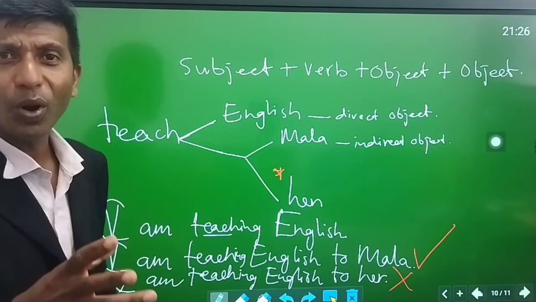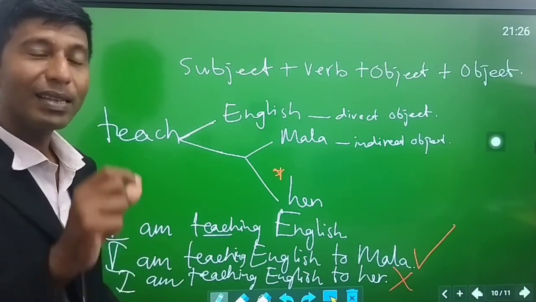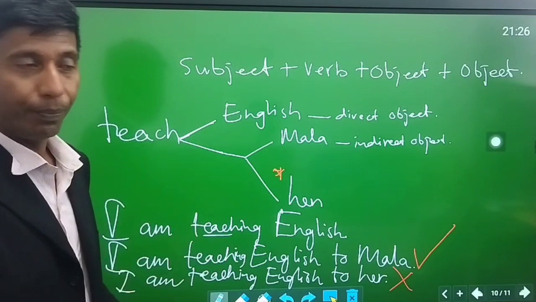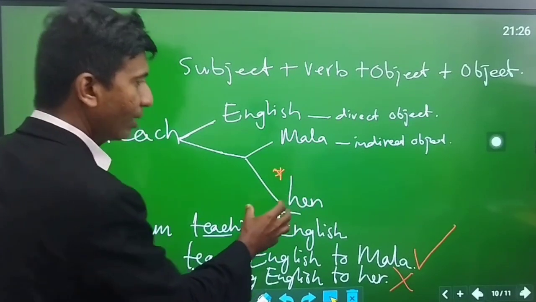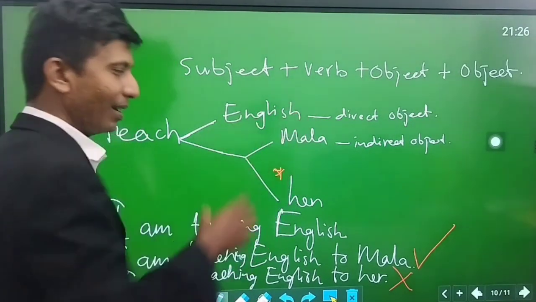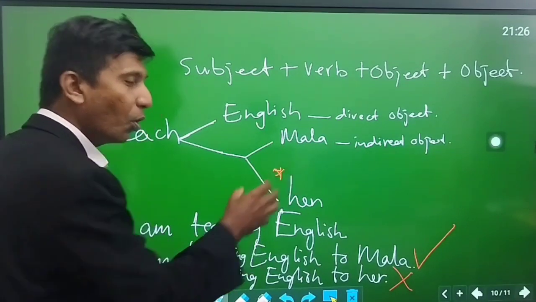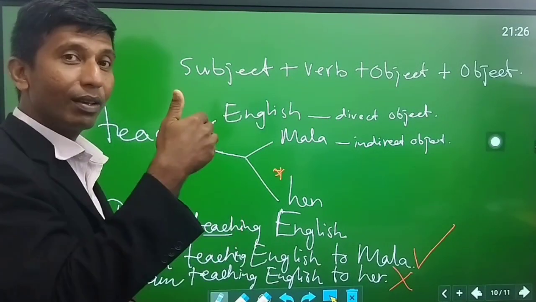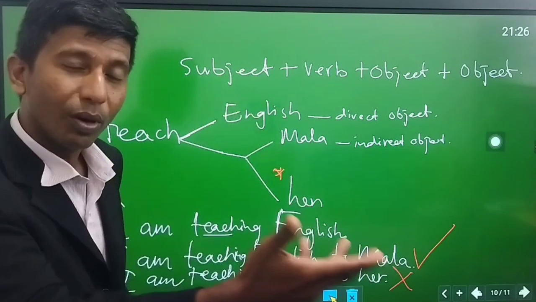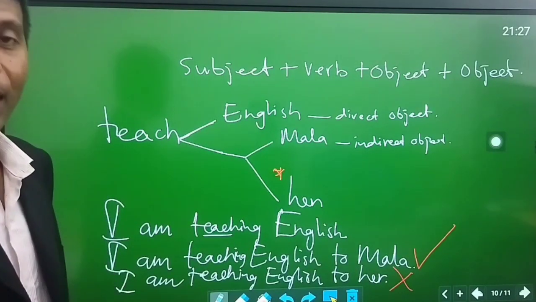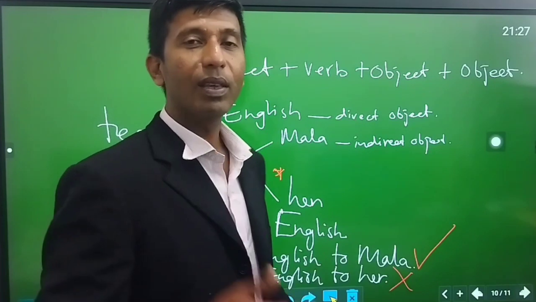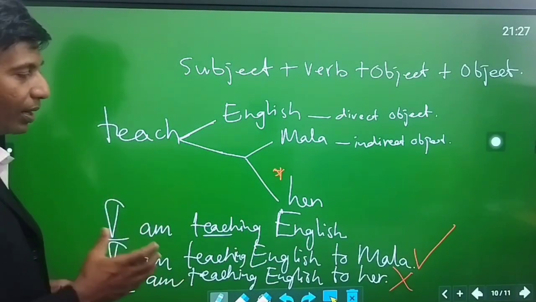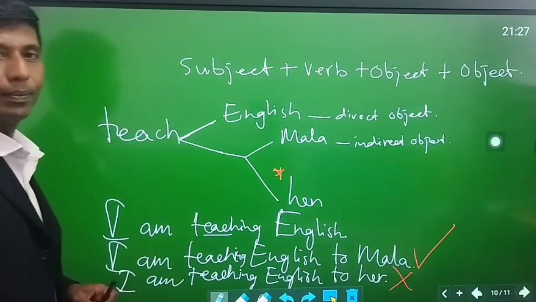What is a pronoun? A pronoun is a noun for a noun, or a name for a name. I use her for the name of Mala. Pro means for. We call it a pronoun. So pronouns are not connected like this.